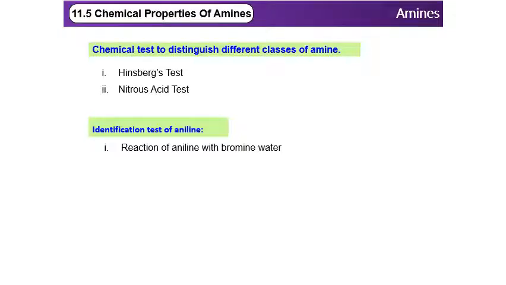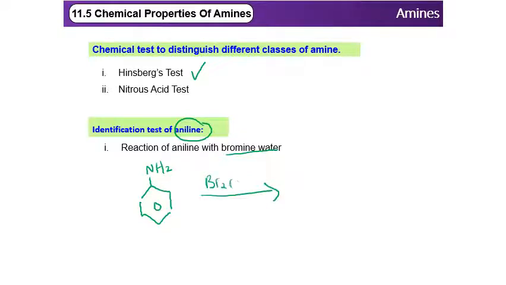Okay, we are done with the Hinsberg test. Before we go to the nitrous acid test, let's look at a simple chemical test for aniline. Similar to phenol, aniline will also react with bromine water. We can write the equation like this. Aniline is NH2 attached directly to the benzene ring, plus aqueous bromine water, Br2.